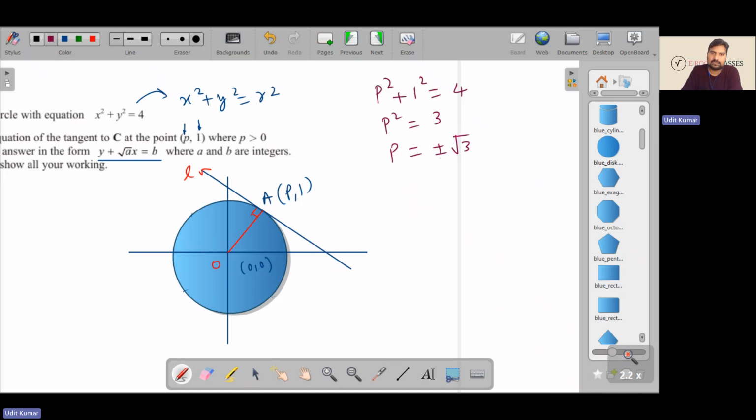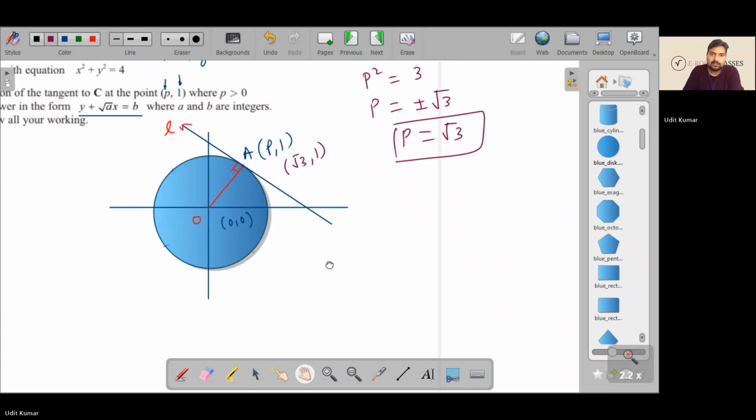It's always greater than 0. So we'll reject the value negative root 3. So P equals root 3. That means this point is basically root 3 and 1. Okay, so point A is root 3, 1.